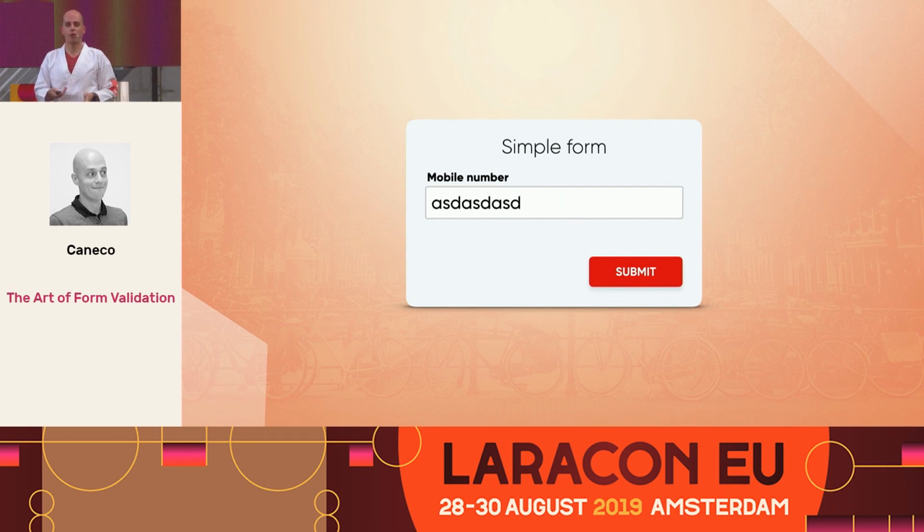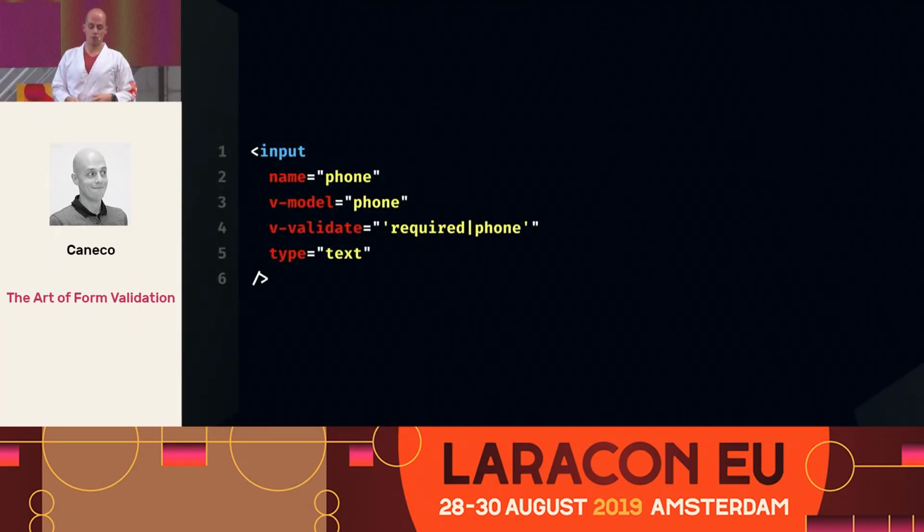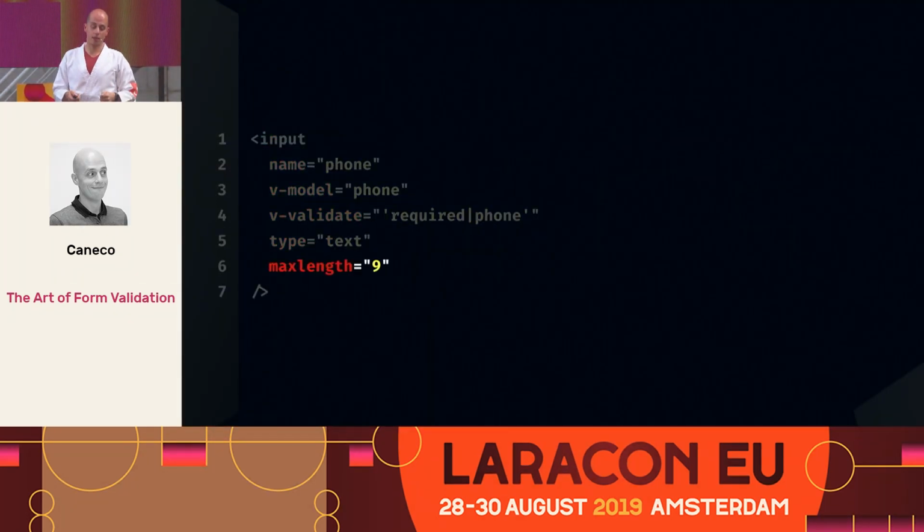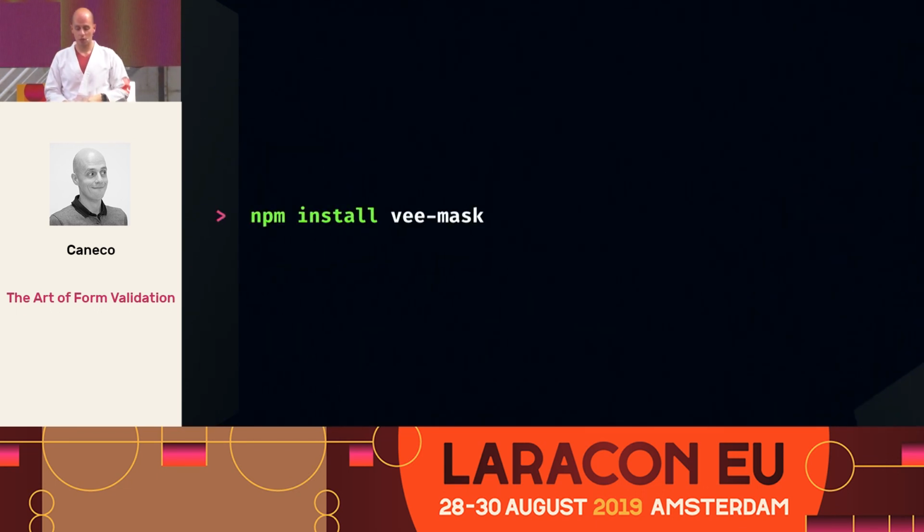And mostly, why do I let the user type letters in an input field that should only accept numbers? So what could I add here? First of all, I can add the max length. So at least I'm already limiting the user to only 9 digits in the input field.